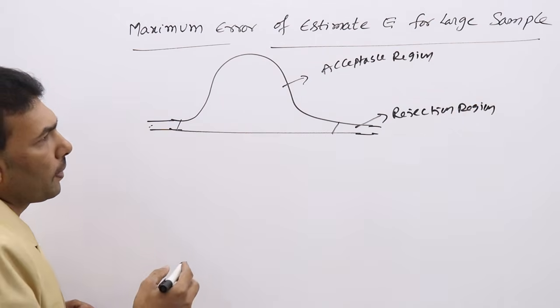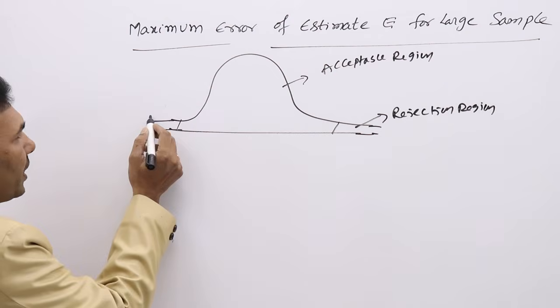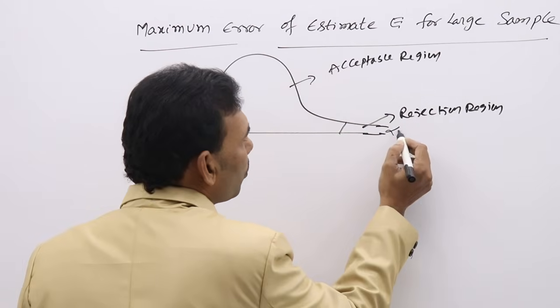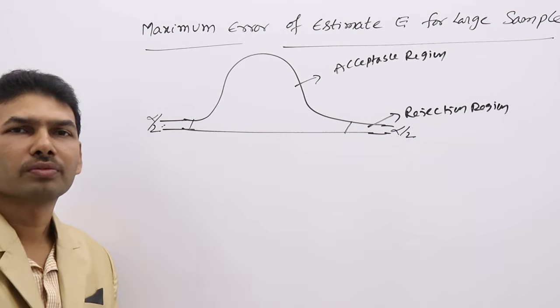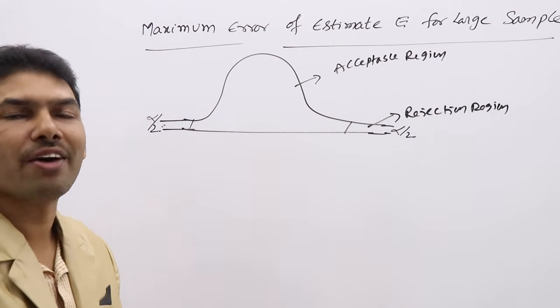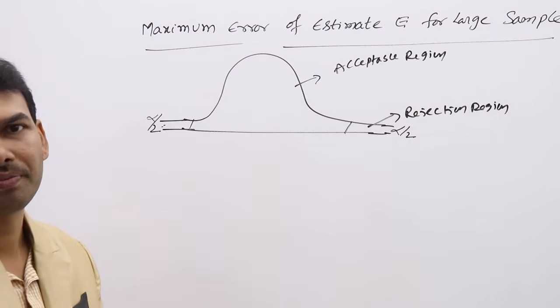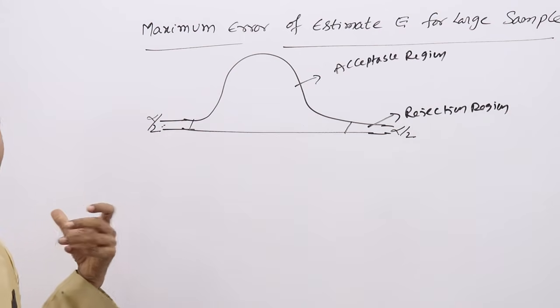If you take alpha by 2, alpha is rejection, that means it will be on both sides, alpha by 2 and alpha by 2. Alpha we call the level of significance, which is the rejection percentage. That is distributed on both sides, alpha by 2, alpha by 2.